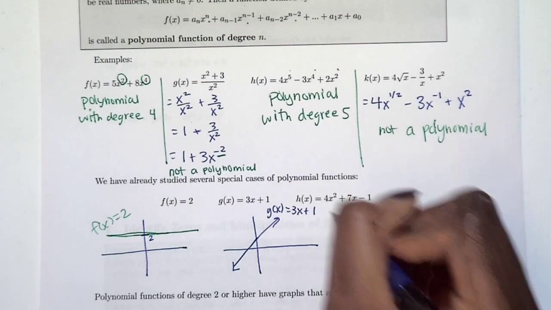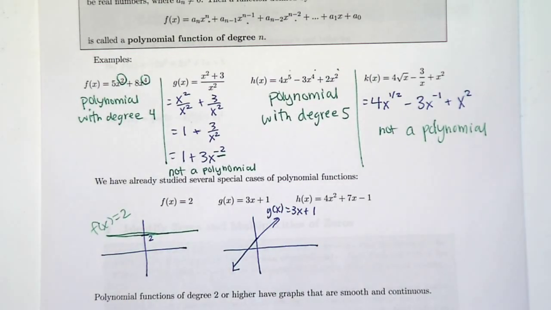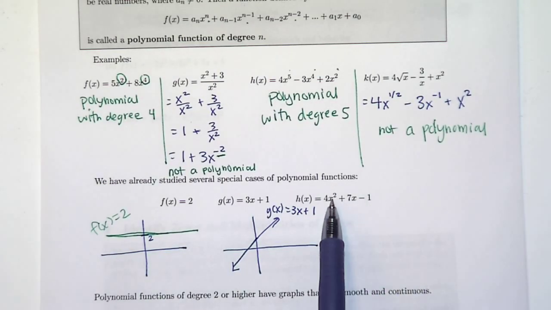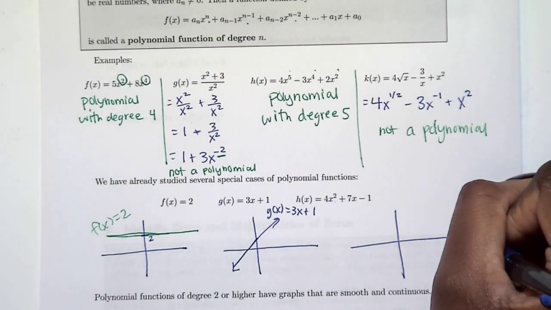This is a polynomial. Also, we've seen quadratic functions. Quadratics are polynomials. It's a polynomial with degree 2. So that one looks something like this.